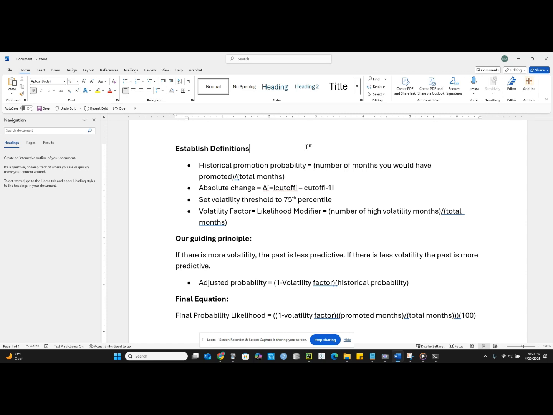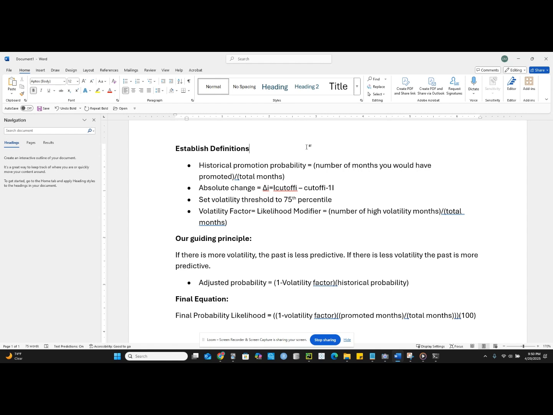So we will then go in to try to find the volatility factor. What this does is it applies to your current points, and then punishes those points. It takes the number of high volatility months, based off of the number of months that violate that volatility threshold.